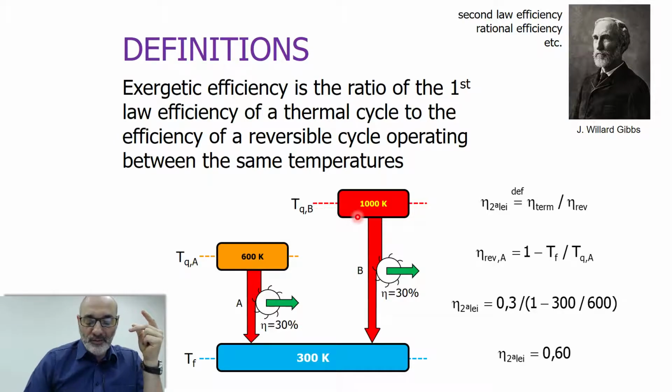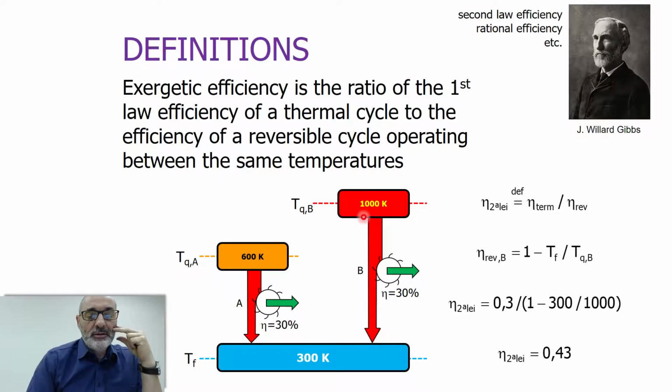Let's do the same for machine B. The same calculation for machine B is 0.3, 30%, divided by 1 minus 300 divided by 1000, the temperature of the hot reservoir, and this is 43%. So even though they have the same thermodynamic efficiency, or first law efficiency, it seems that machine B could be performing better.